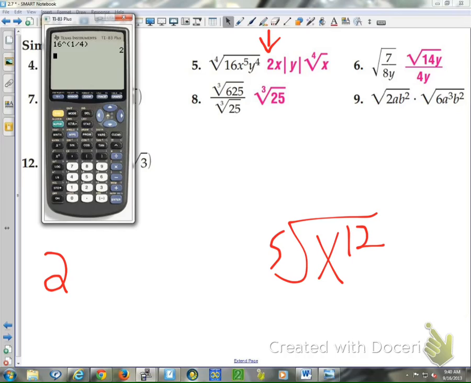What I'm saying is, if you didn't like my fractional method or the way the book does it, how many times can you subtract 5 from 12 before you go negative? 12 minus 5 is 7. 7 minus 5 is 2. 2 minus 5, that's where we go negative. So I could do it twice. So I could take 2 x's out, and after I subtract 10, how many were left in the 12? 2. That's how that would work.